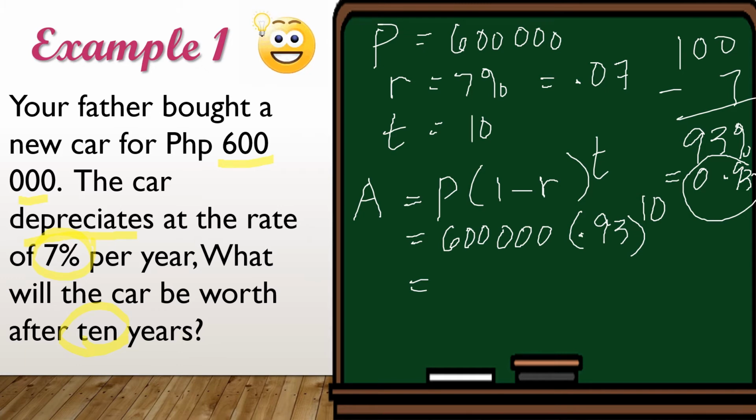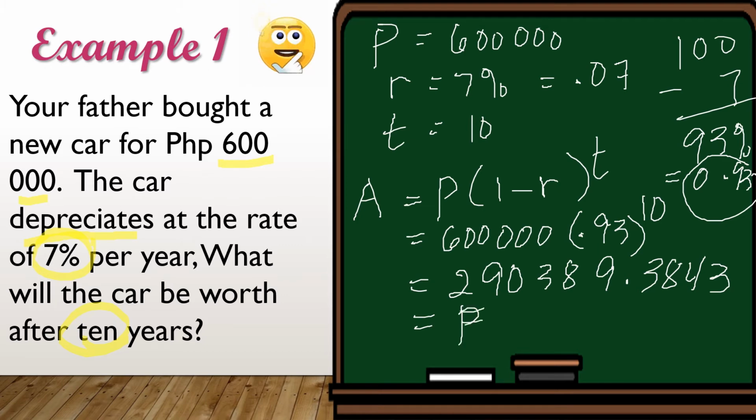0.93 to the 10th power using a calculator, and then multiplying by 600,000 will give us 290,389.3843. Now let's round this off to the nearest whole number, or to the nearest peso.